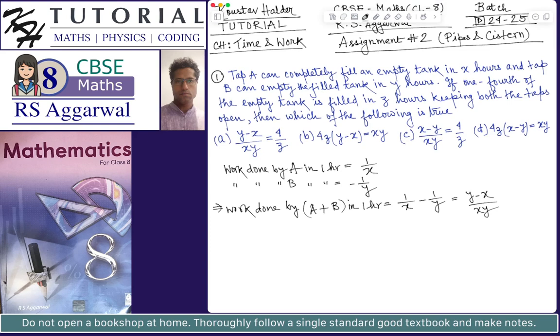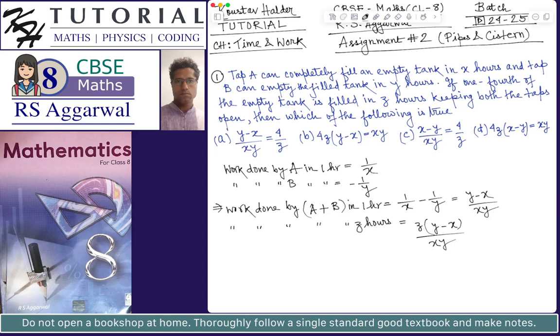From here, we can say that work done by A plus B in Z hours, by the simple unitary method, will be Z into (y minus x) divided by xy. Because if in 1 hour the work done is W, then in Z hours the work done will be WZ. This is the simple unitary method.